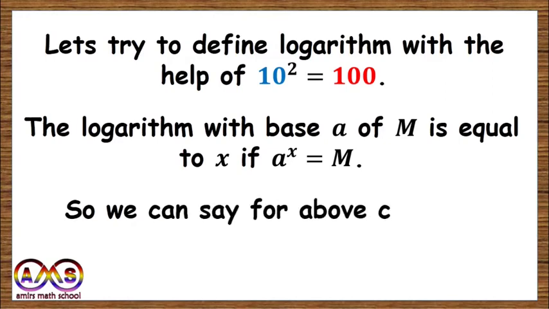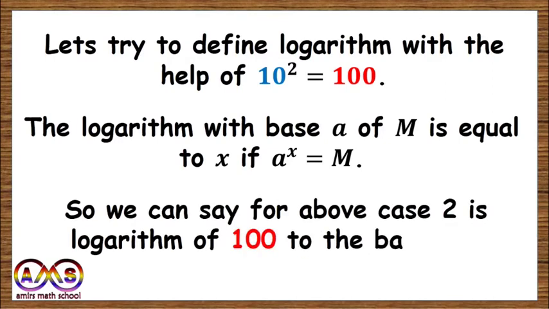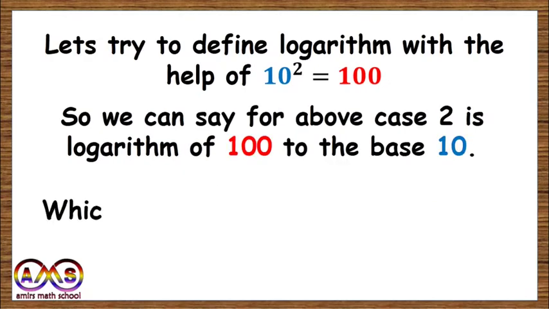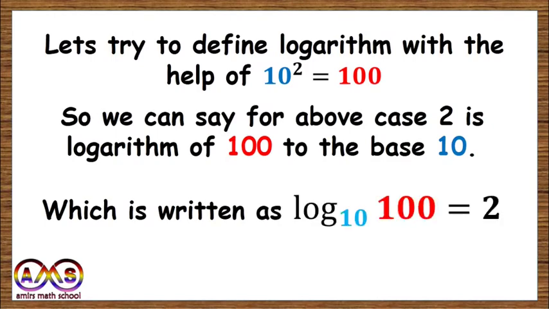So we can say for the above case 2 is the logarithm of 100 to the base 10 because 10 squared equal to 100, which is written as log base 10 of 100 is equal to 2.